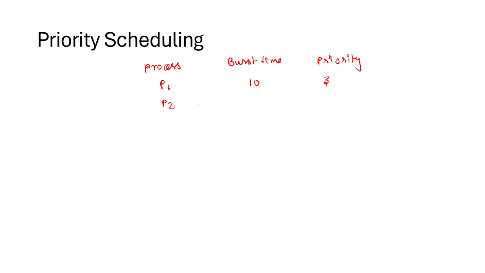Process P2 has a burst time of 1, and the priority is also 1. P3 has a burst time of 2 and priority 4. For process P4, the burst time is 1 and the priority is 5. For P5, the burst time is 5 and the priority is 2. Now we go for the Gantt chart.